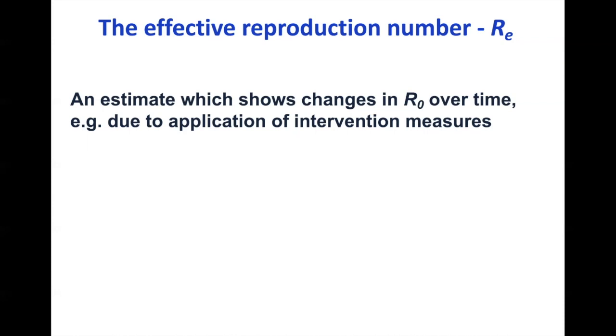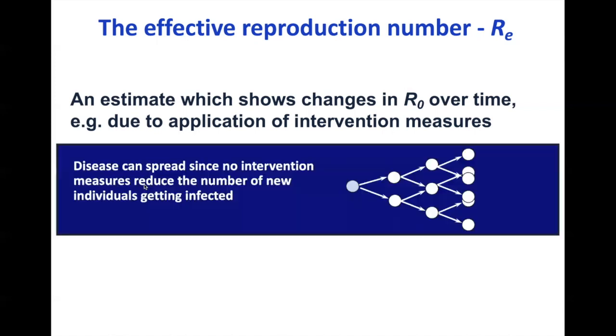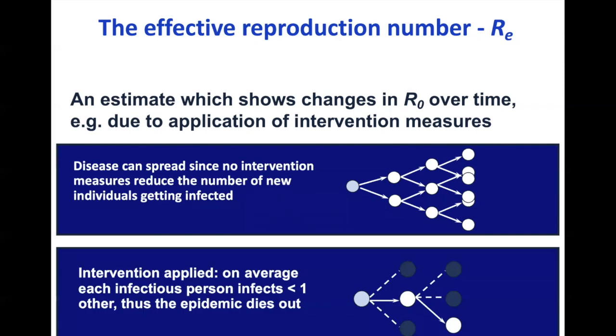Said wanted me to talk about, and I voluntarily also want to talk about, the effective reproduction number, because this is what is often referred to in the media as the R number. It's the estimate which shows changes in R naught over time, for example, due to application of intervention measures, what we do. The same principle applies, but now it's not only for a wholly susceptible population.